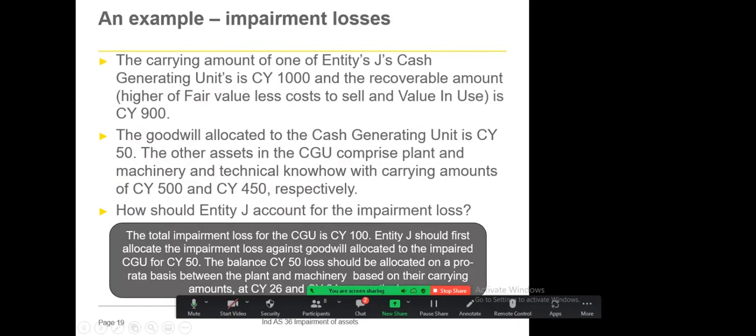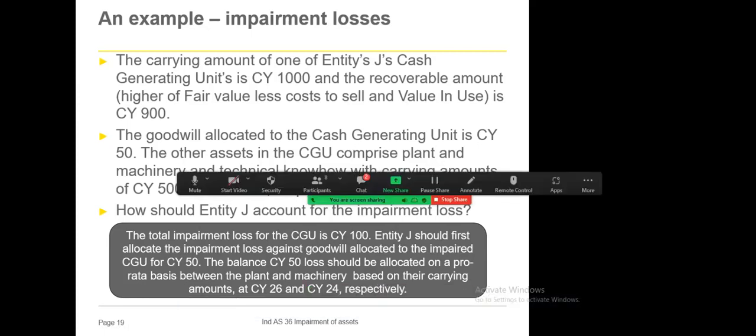Entity J should first allocate the impairment loss against the goodwill allocated to the impaired CGU, which is 50 rupees. The balance 50 rupees loss should be allocated on a pro rata basis between the plant and machinery and the know-how, based on their carrying value, that is 26 and 24 rupees. So this is how you will divide your 100 rupees impairment loss.